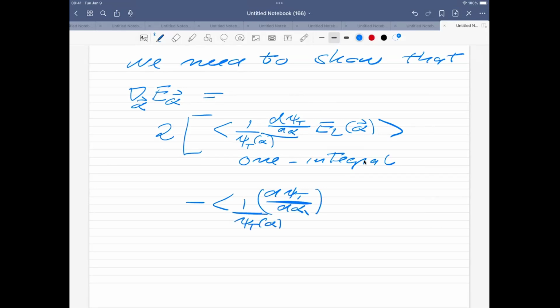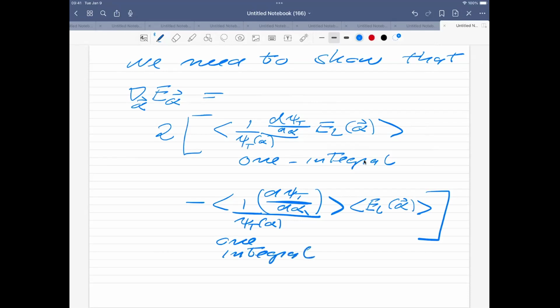So we're going to evaluate this integral by itself, and this has to be multiplied with a new integral, something which we have already calculated. So we are going to show that this is the way the gradient is going to look. This is one integral, and this is also an integral, which are evaluated.